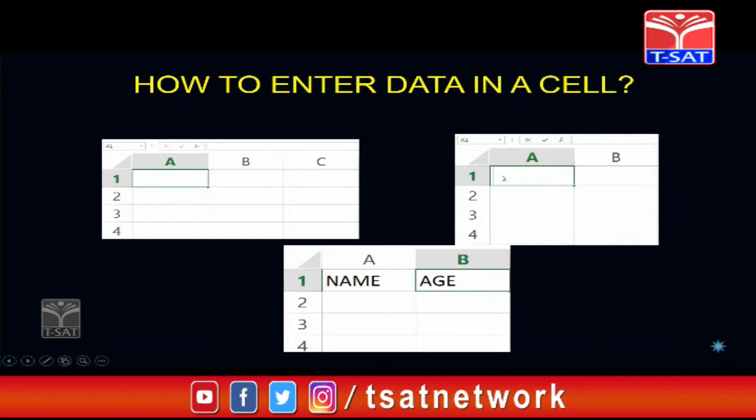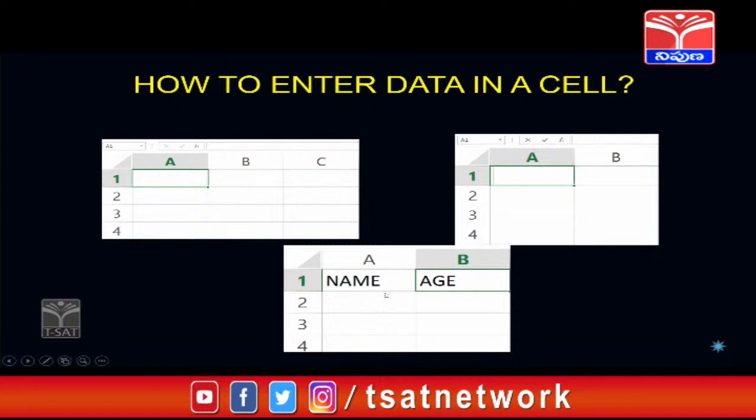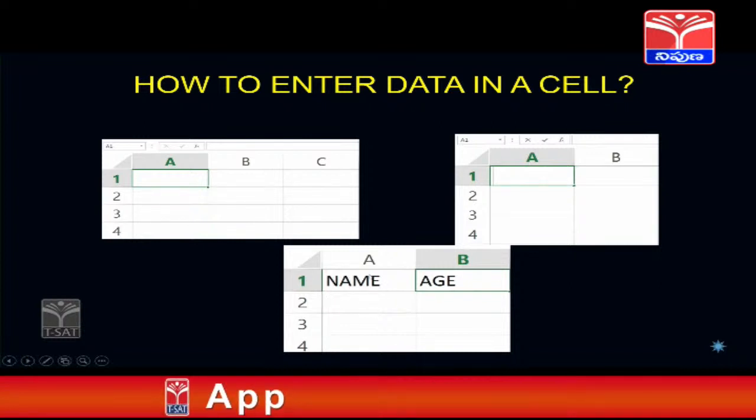Once the cursor starts blinking, we can enter any detail, any type of information or any data inside the cell. As you can see in the bottom representation, we have entered in cell A1 the information name, and in the cell B1 we have entered the information age.